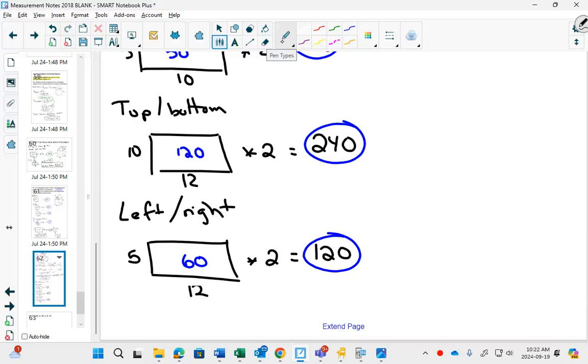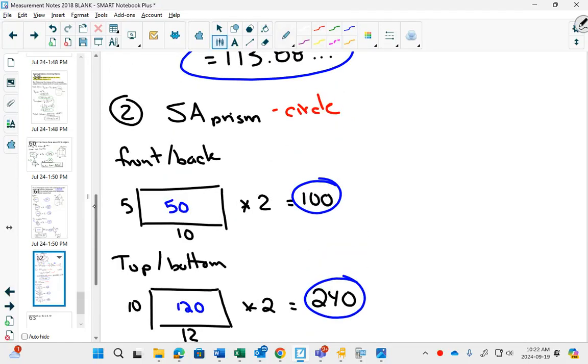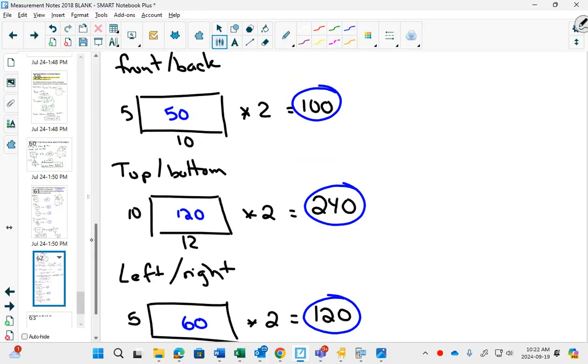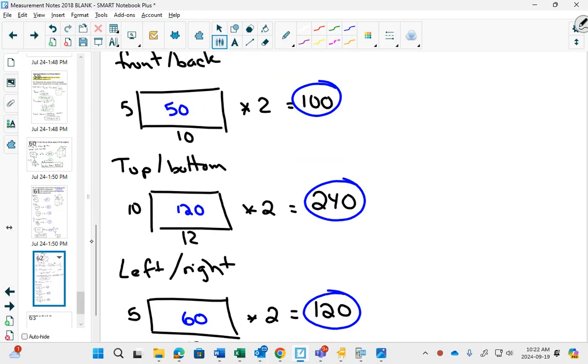So we have those all added up, right? What do we need to do? We need to do the surface area of the prism minus a circle. So if I put an equal sign here, the surface area of the prism, 100 plus 240 makes 340, plus 120 makes 460.